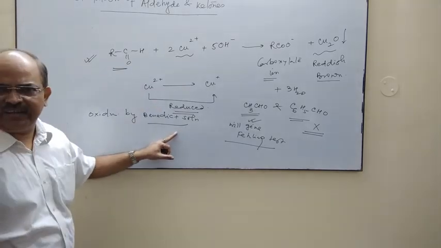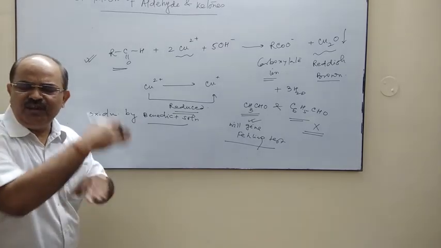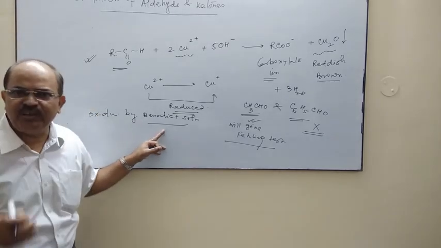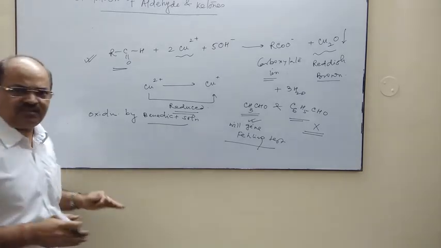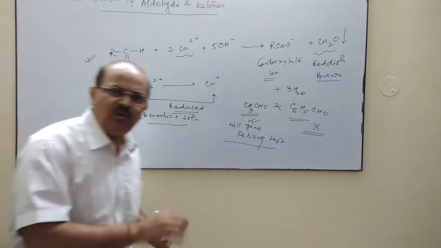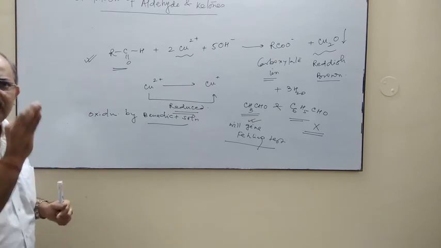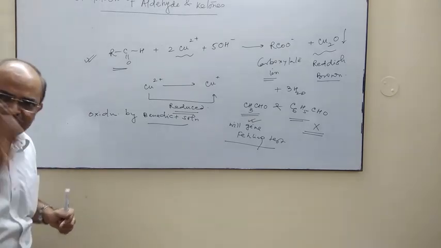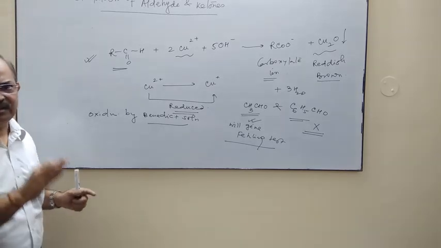In the case of Benedict, we use citrate. So in place of tartrate, we simply use citrate. So Benedict, Fehling and Tollens reagent are your mild oxidizing agents, which will oxidize your aldehyde, but will not oxidize your ketone.